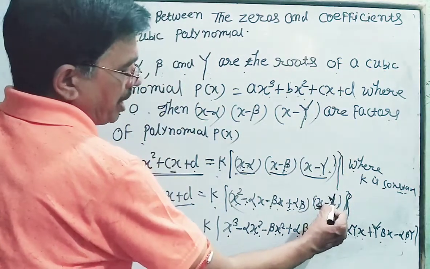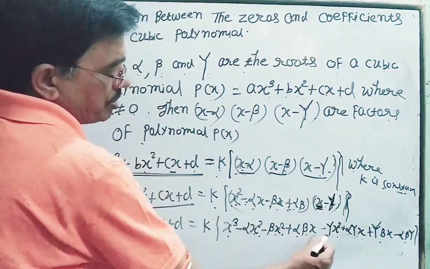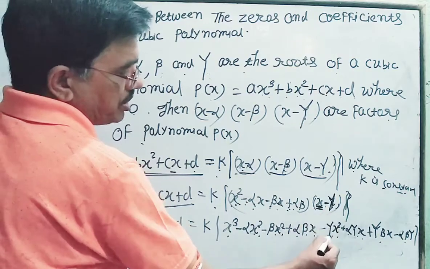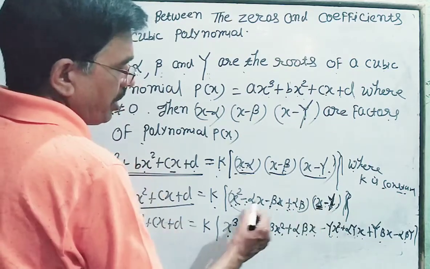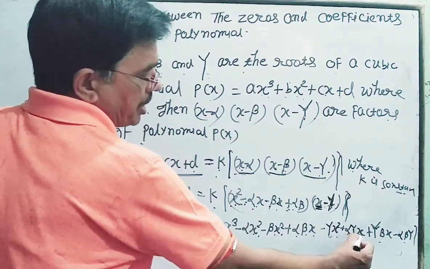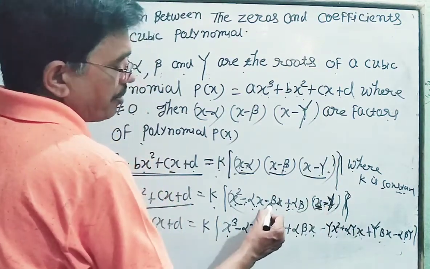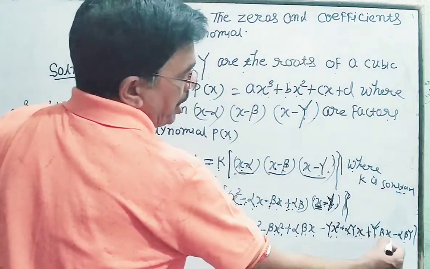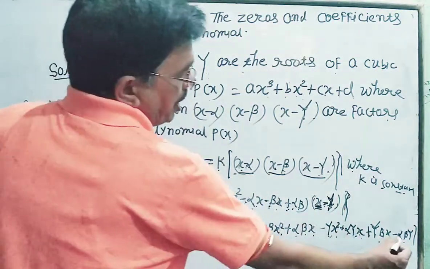When you multiply by minus gamma, you get minus gamma x square, and minus gamma into minus alpha x is plus alpha gamma x, and minus gamma into minus beta x is plus beta gamma x, and minus alpha beta gamma.